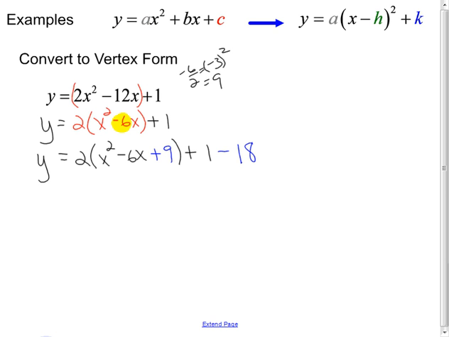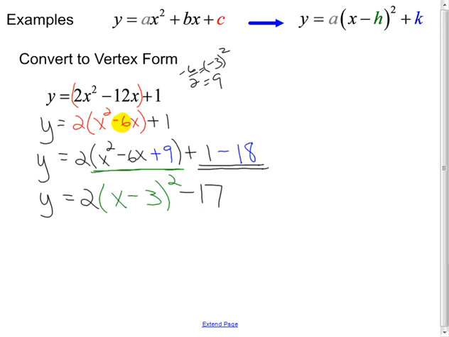Perfect square trinomials just factor into the difference or sum of their square roots. So this thing I have underlined factors into x minus 3 squared. Then I'm going to clean up this part of the expression, which is 1 minus 18, which is negative 17.